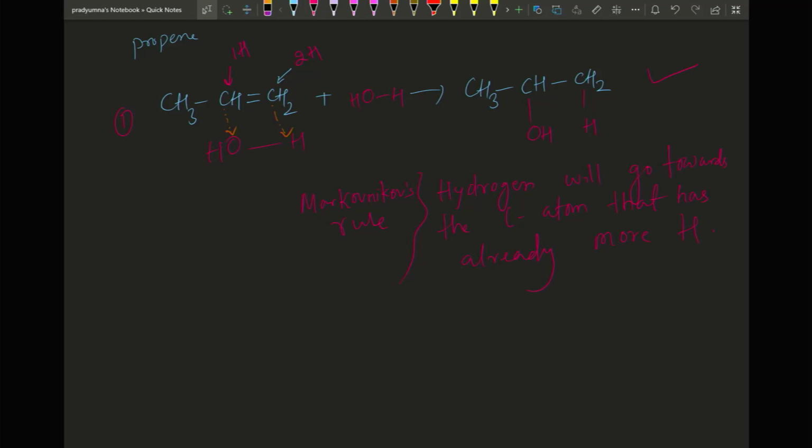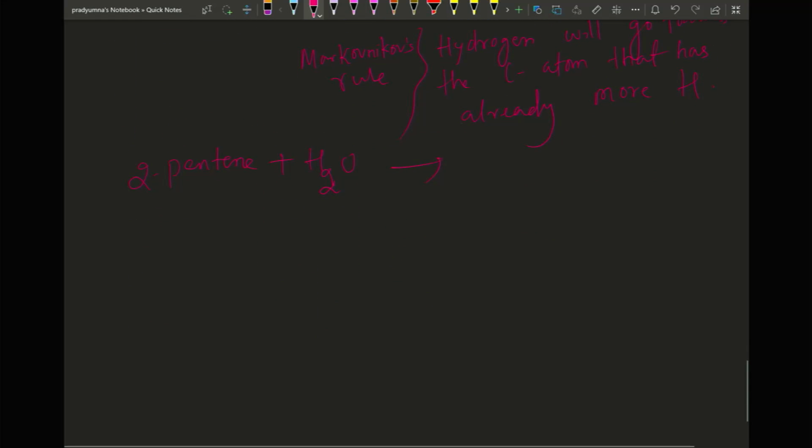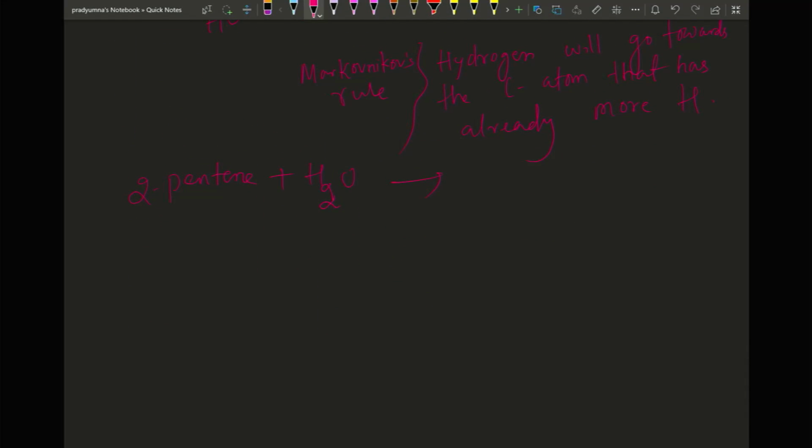Okay, let's do another quick example. Let's say we have 2-pentene plus water. So what is the product? So this is another example. Okay, I'm gonna keep the rule here. So it's kind of pretty easy. So let's draw the pentene first.